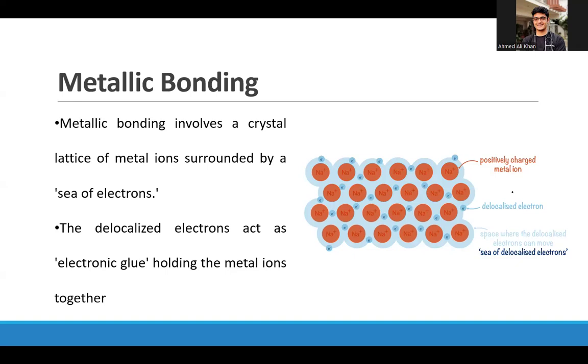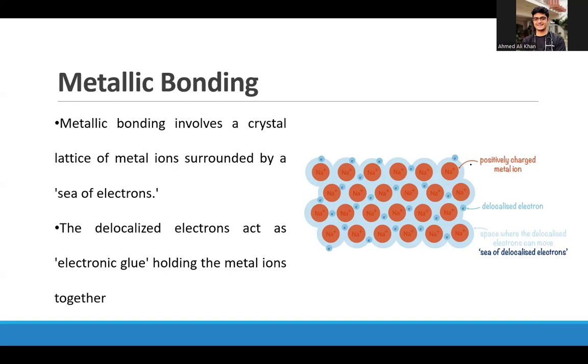So in metallic bonding, we have metal atoms, and these metal atoms are positively charged, because the electrons of metal atoms are freely moving. They're not really revolving strictly around that atom. They move freely, so they form an electron cloud around the metal atom.